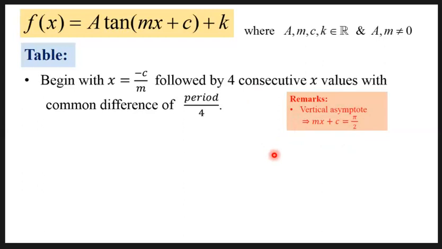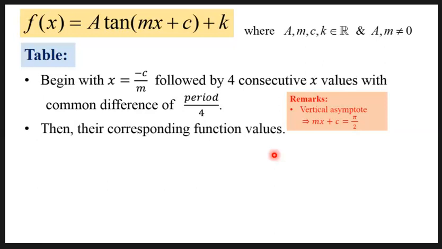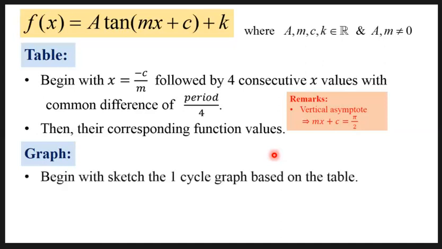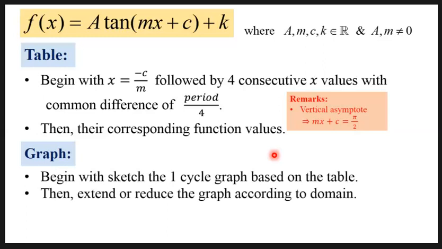Once this is ready, we continue with finding their corresponding function values. Once the table is done, we begin by sketching one cycle of the graph based on the table, and later we extend or reduce the graph according to the given domain.